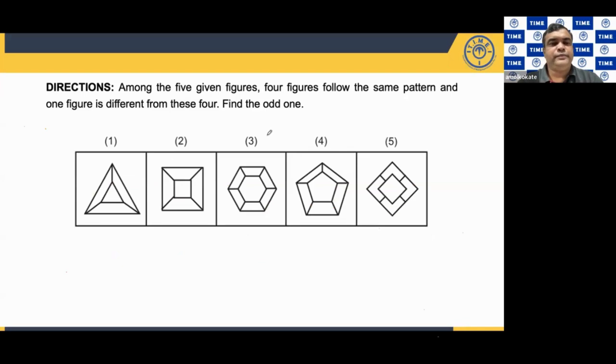Is that okay? Who is the odd man out? Fifth. Tanish, Shraddha, fifth. Shravani, fifth.